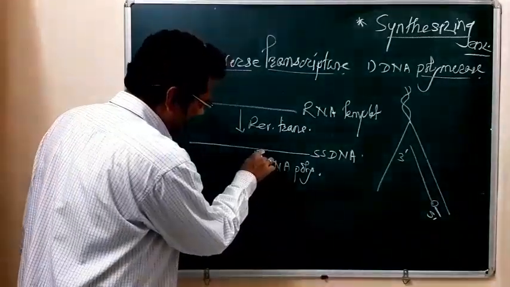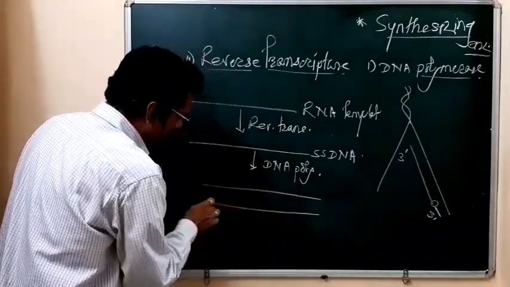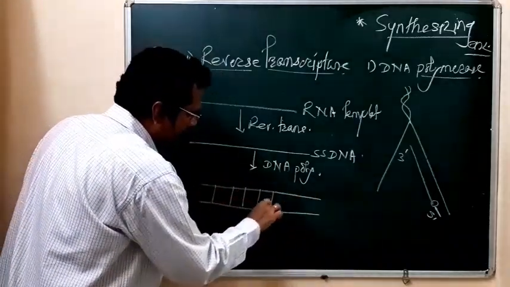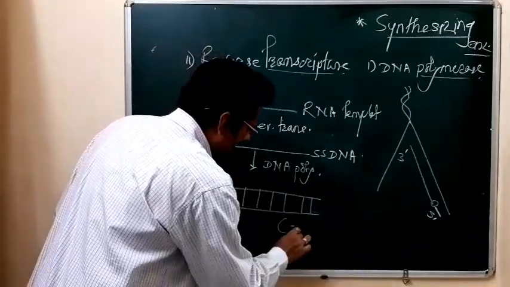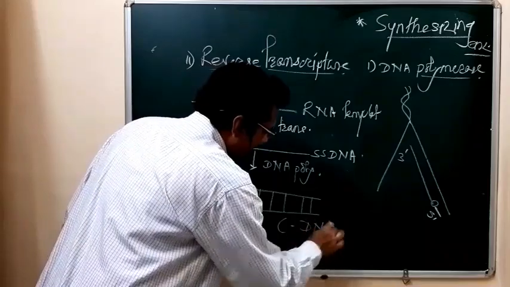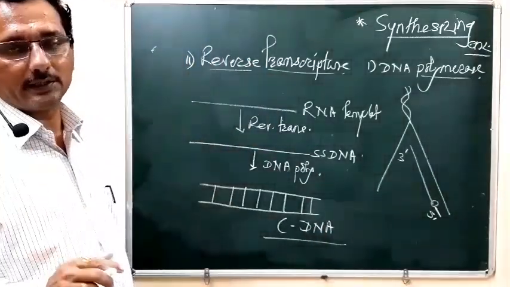On the previous strand, there will be a synthesis of such a new strand of DNA. So this DNA is called cDNA, or it is also called a copy of the parental DNA.